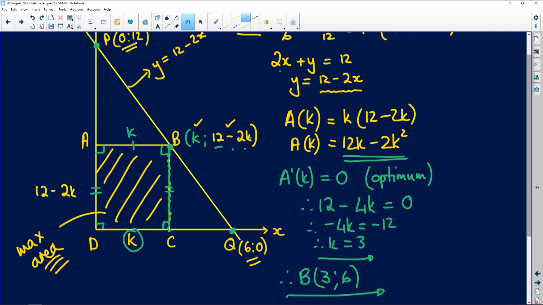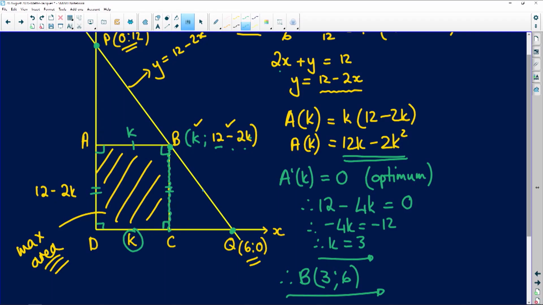So if that coordinate pair is 3 and 6, the area of that rectangle is a maximum. Let's just quickly talk through the process here. They did not give you the height, but they told you that the point B lies on a line segment here. So once you find the coordinate of point B on that line segment, folks, any coordinate pair here will be P and 12 minus 2P.